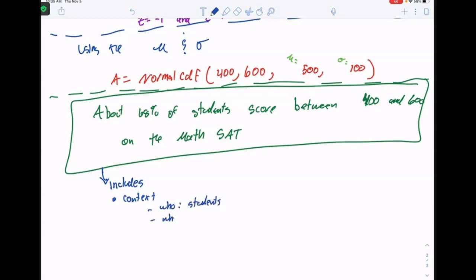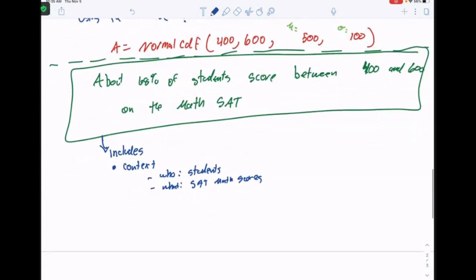It included the what, which were SAT math scores. It also included, I guess 400, because it included units. Because SAT math scores, I mean, it's points. I could have included points here, but this 400 is kind of like its own unit. So it included context. What else does my answer include? It includes the answer, which was 68%.